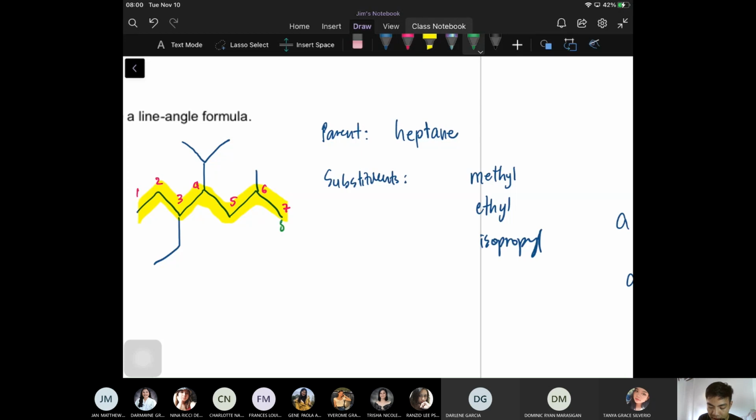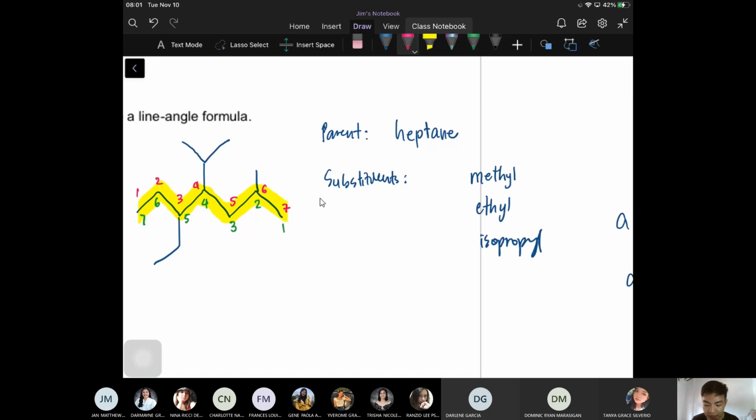And green sa opposite direction. Okay? So, yan yung ating numbering. Then, ano yung ginagawa natin? We check kung ano yung magiging substituent number, aka locant. Ano yung magiging locant ng mga substituent na to, no?